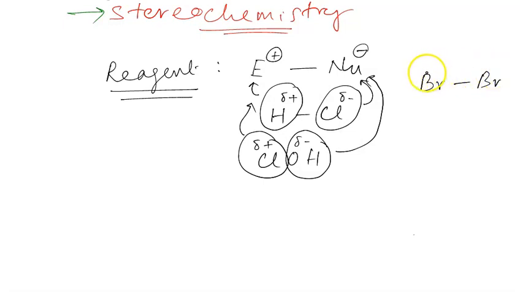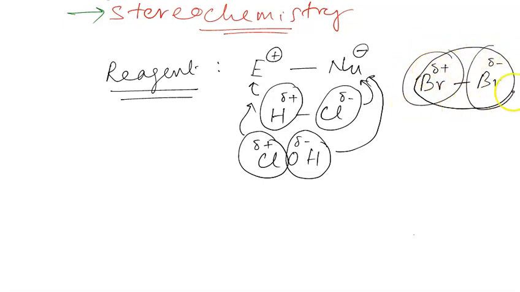Therefore, the electron cloud becomes like this. So the bromine atom where comparatively less electron density is present becomes a little positive and the other one becomes negative. So the non-polar bond becomes polar when it comes in contact with a multiple bond. Now this part becomes the electrophilic part and this part becomes the nucleophilic part.